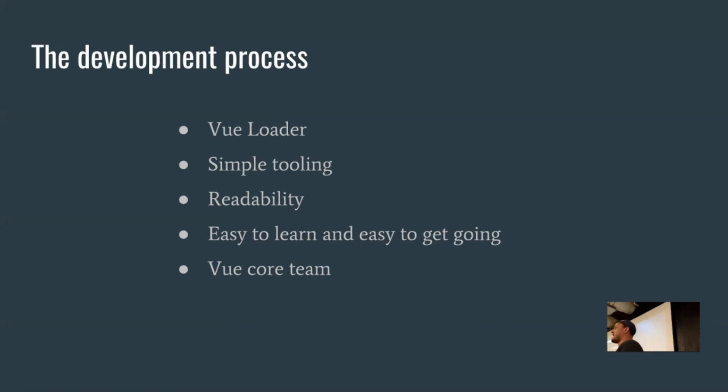So Evan You has been just fantastic. Everybody's been blown away by how he has maintained the project and the base code. He does a really fantastic job. When he was on JavaScript Jabber 2 years ago, there were 11 reproducible bugs in the Vue issues at that time, which is outstanding, which is really cool.